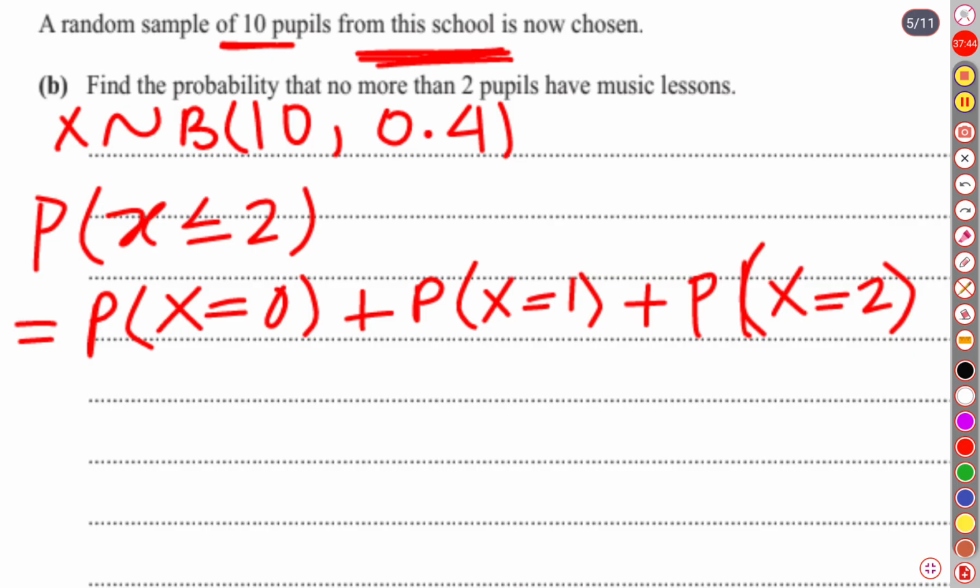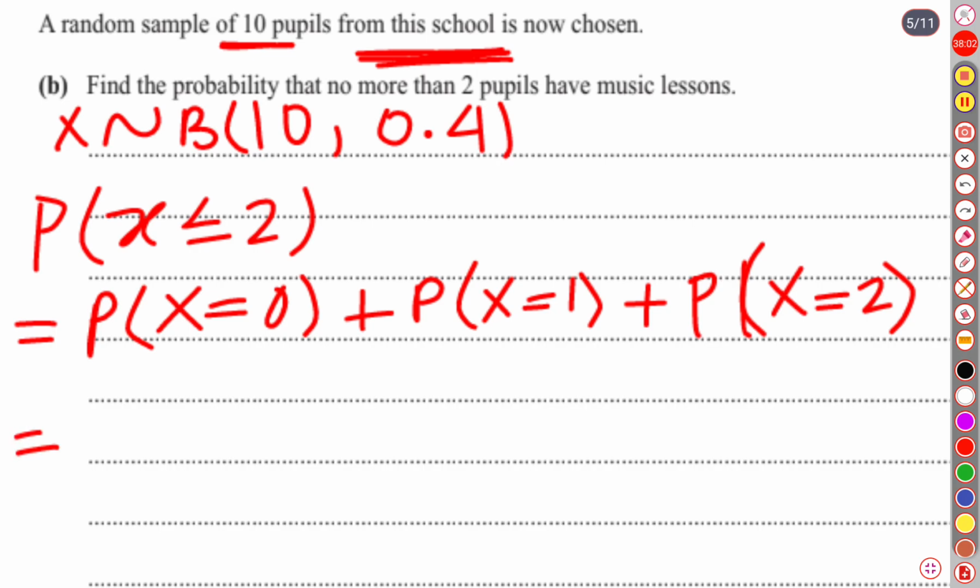So either no student has a music lesson, or only one student has a music lesson, or two students have a music lesson.